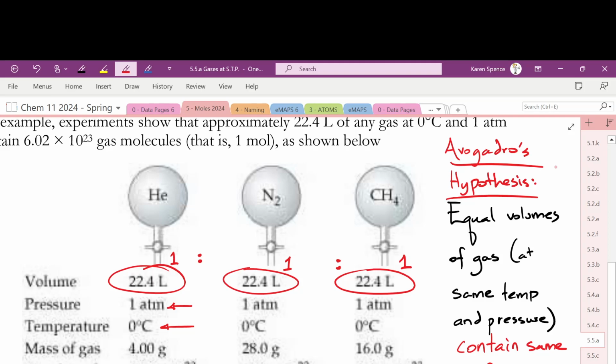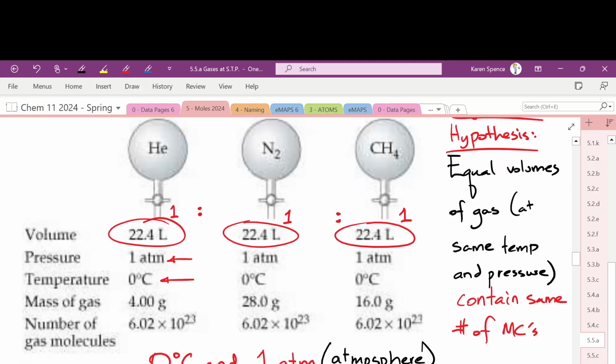Now, the magic temperature and pressure that we are going to be using in grade 11 is 0 degrees Celsius and 1 ATM. What does ATM stand for? Atmosphere. That's going to be the pressure and temperature at which we are looking at all of our gases.